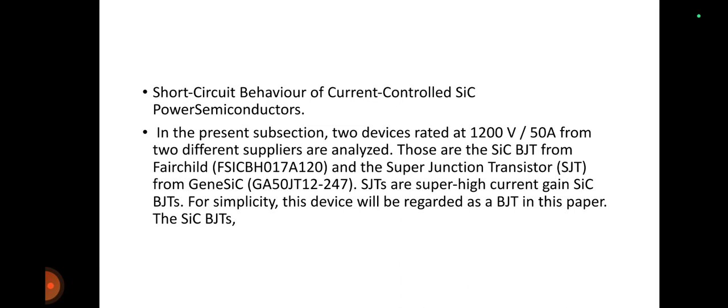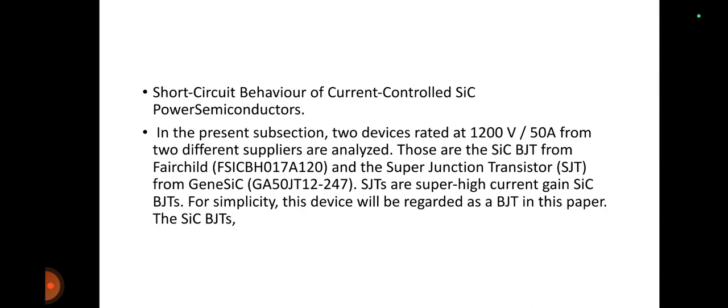So, short circuit behavior of current controlled SiC power semiconductors. In the present subsection, two devices rated at 1200 volts per 50 amperes from two different suppliers are analyzed.